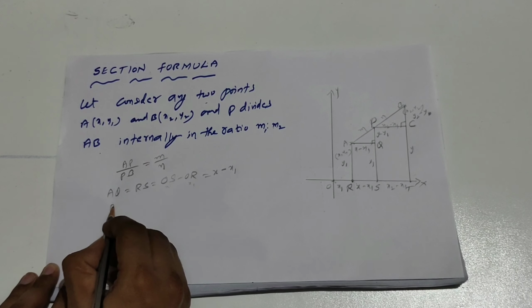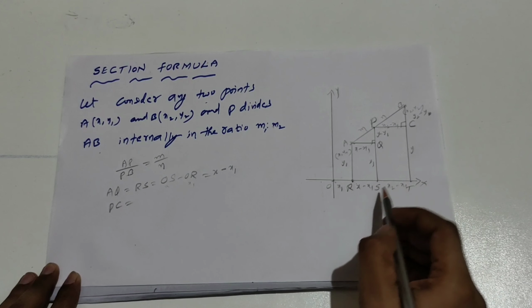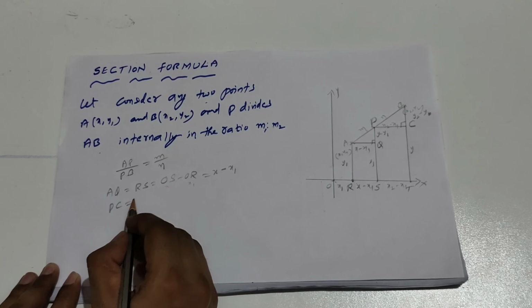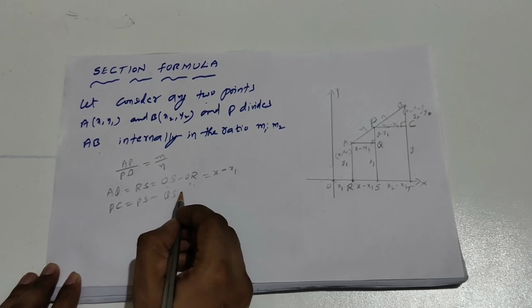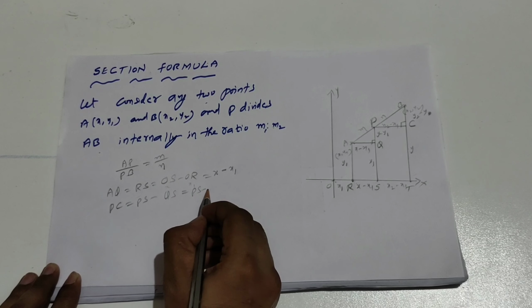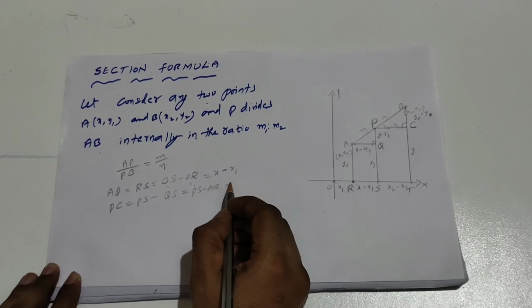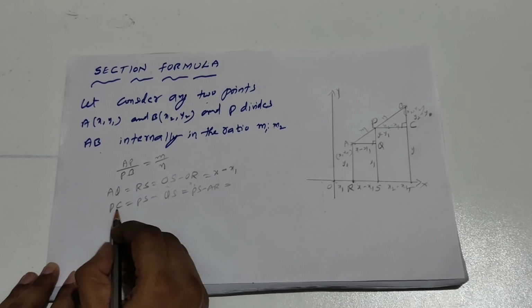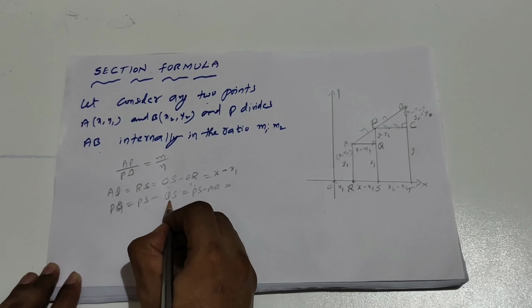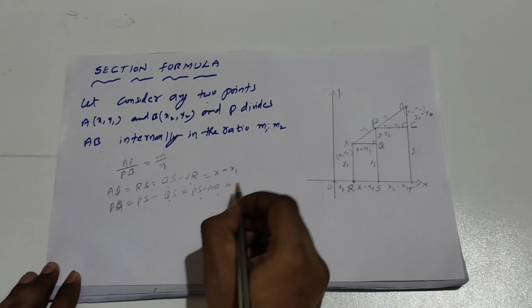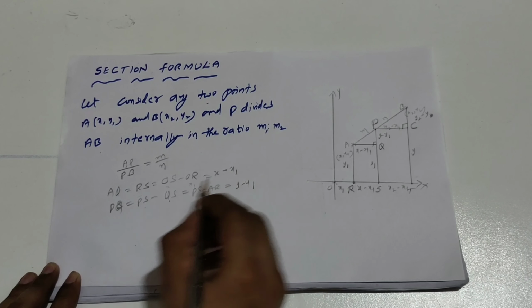And again PQ is PS minus QS, that is PS minus AR, that is y minus y1.